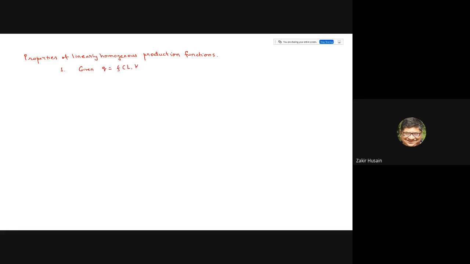So, suppose we have a linearly homogeneous production function. This is homogeneous of degree 1. Then the average product of the inputs, labor and capital, will be functions of k, where k is defined as K over L, so this is the capital labor ratio.